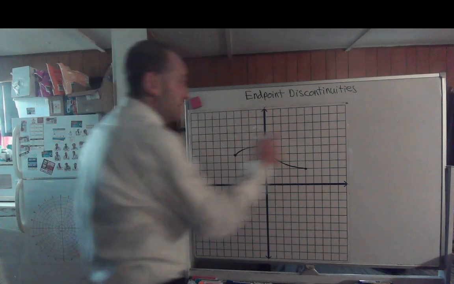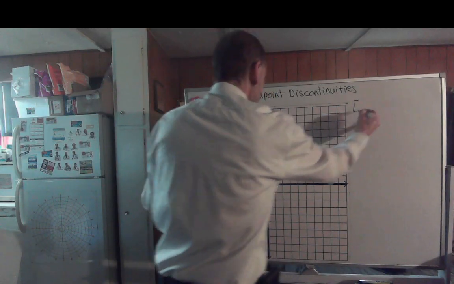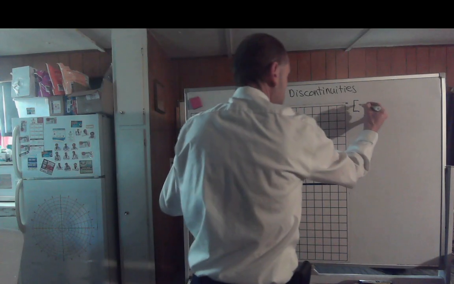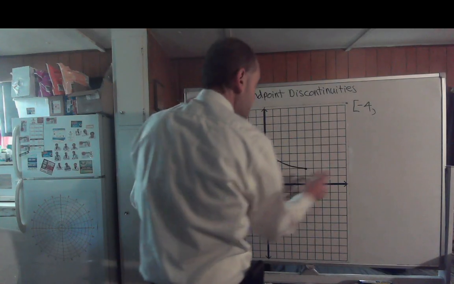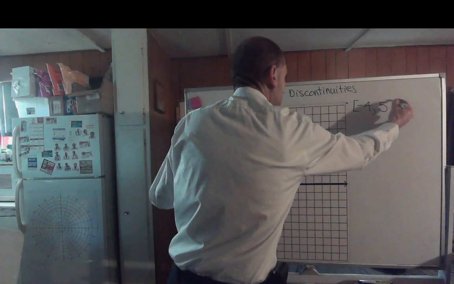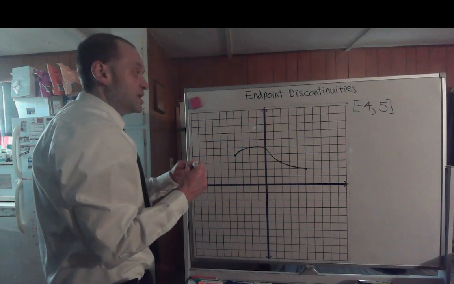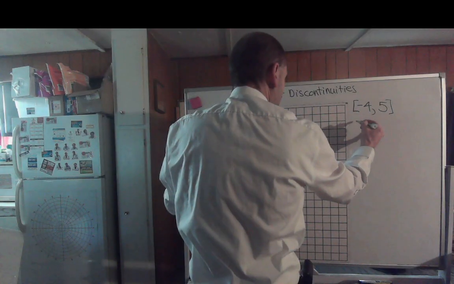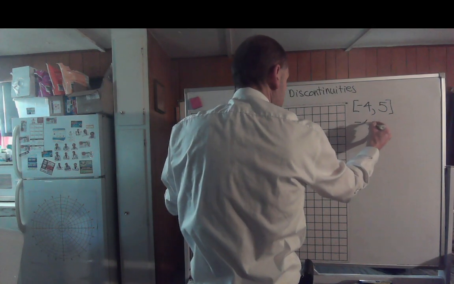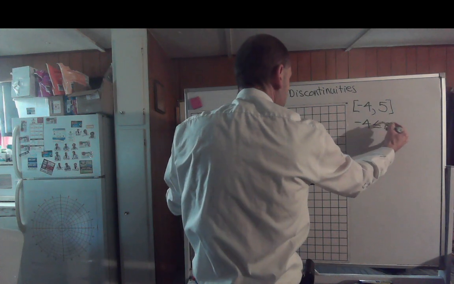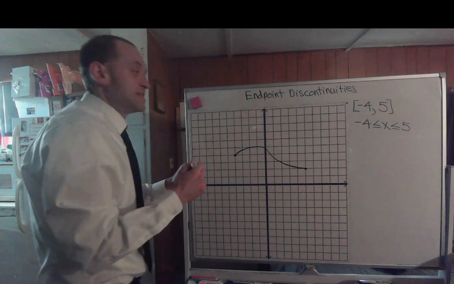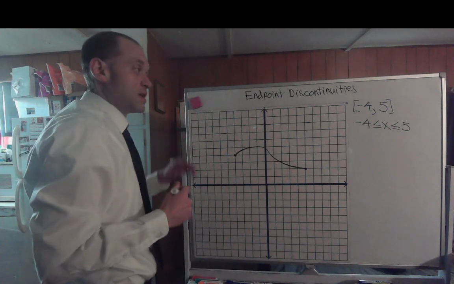So in this case, your domain, if we go to the left, 1, 2, 3, 4, it starts at x equals negative 4 inclusive to 1, 2, 3, 4, 5. My domain is from an x value of negative 4 to positive 5, or I could simply say negative 4 is less than or equal to x, which is less than or equal to 5. That's another way you may see the domain written for this function.